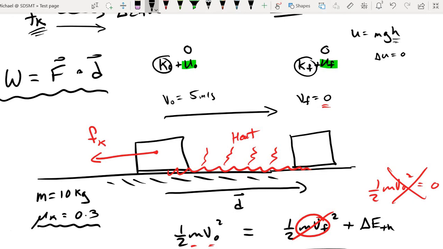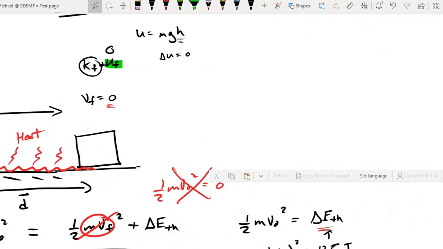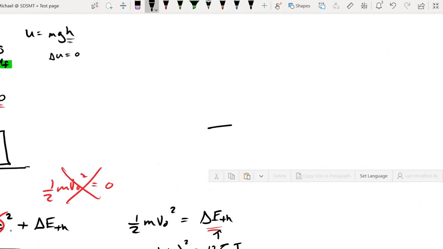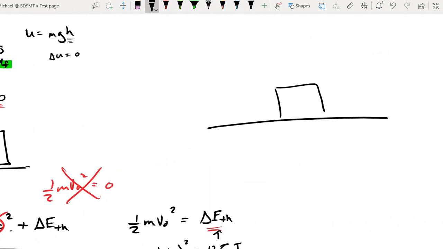It's 0.3. And we need to figure out how much work will friction do as we travel that displacement of little d.